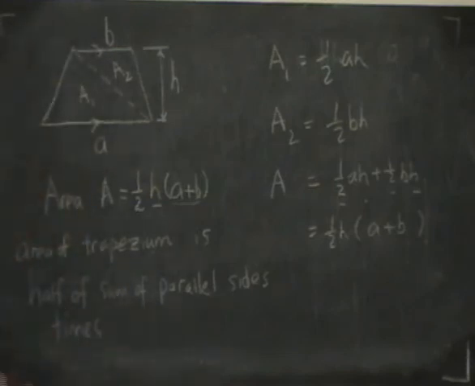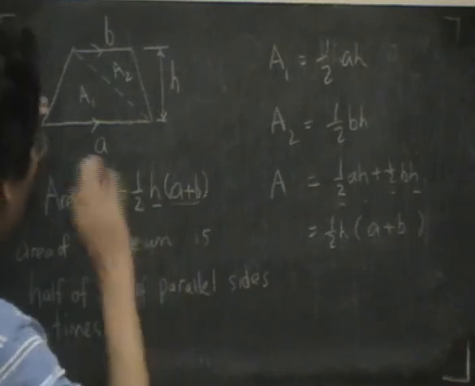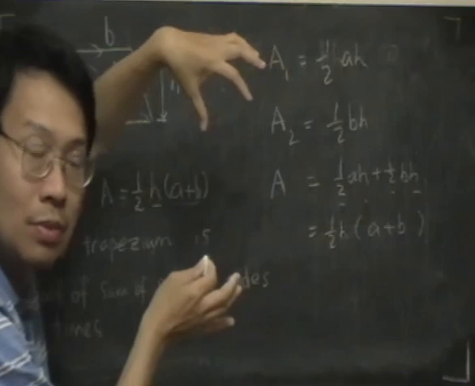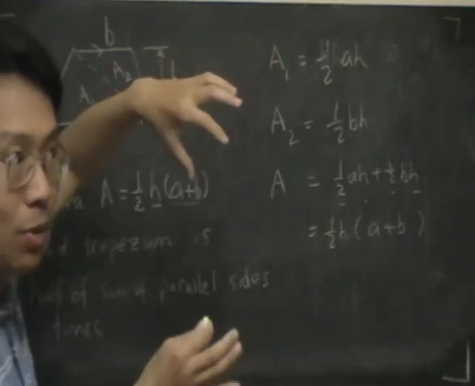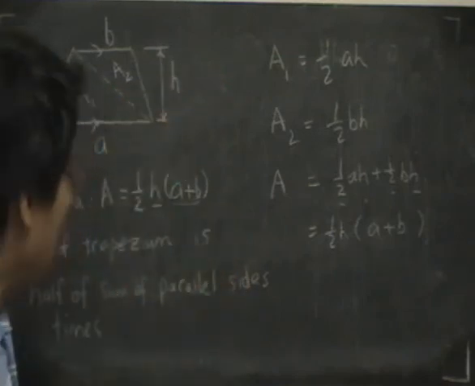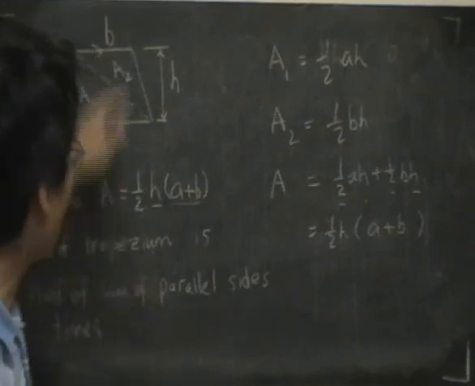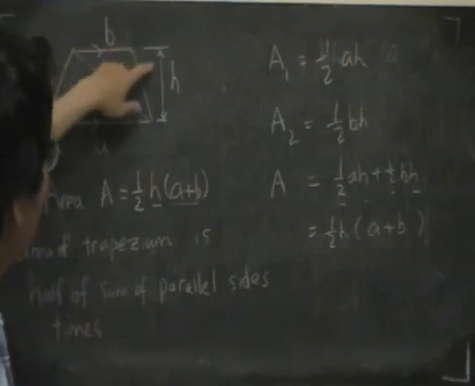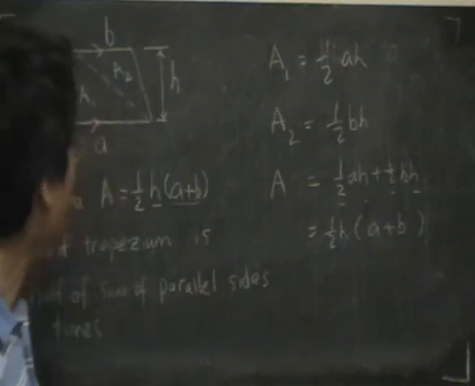Now, but it's better not to remember it as the height, because you can imagine that sometimes you get a question in which this figure is rotated. Okay, it doesn't have to always lie flat. You might get a figure that is sideways or slanted. So then you can't really just look at the height as in the vertical height. You should really look at this as the distance between the two parallel sides.